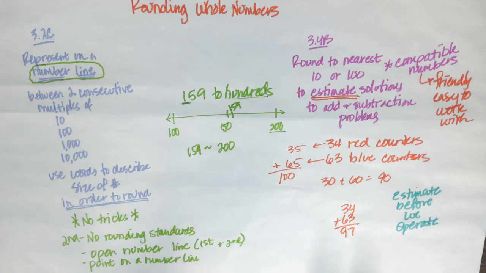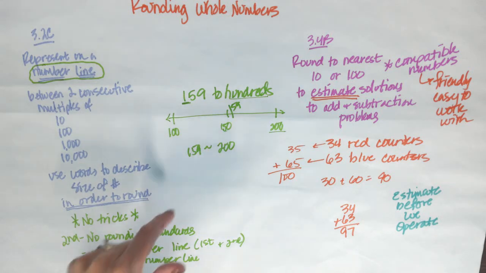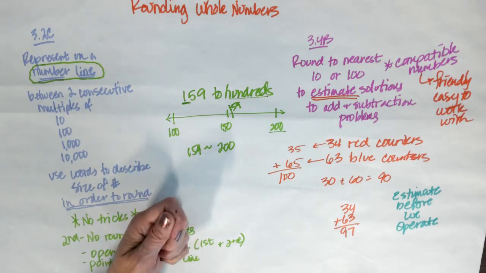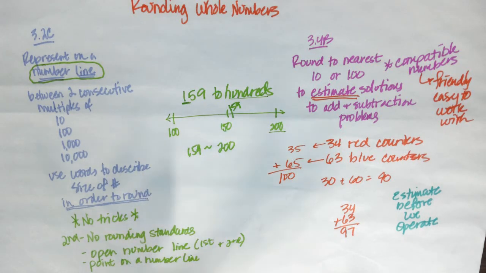So I would want to look at the prices of what I want to order and estimate about how much is it going to cost before I walk up to place my order. When I walk up and place my order, the cashier is going to tell me exactly how much, and then I can pay and get my change. But I already know about how much it's going to cost.